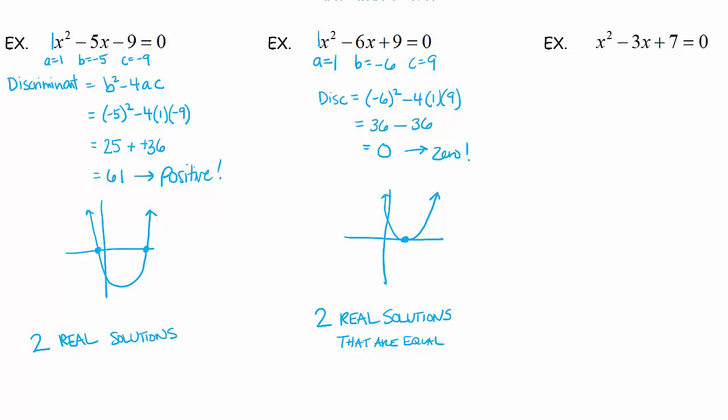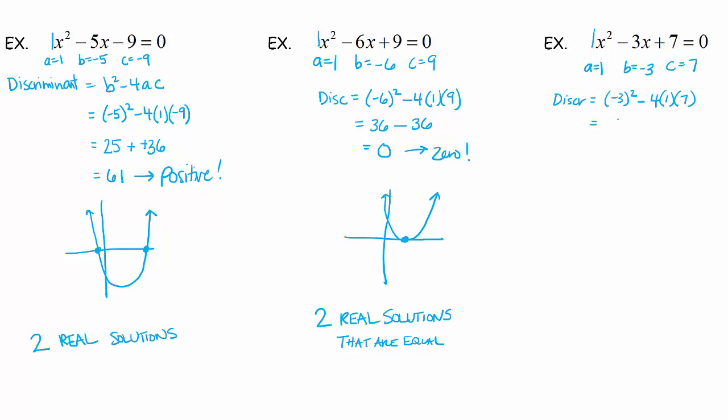And for our last example over here, let's try it again. A is 1, B is negative 3, and C is 7. And our discriminant is B squared, so negative 3 squared, minus 4 times A is 1 and C is 7.